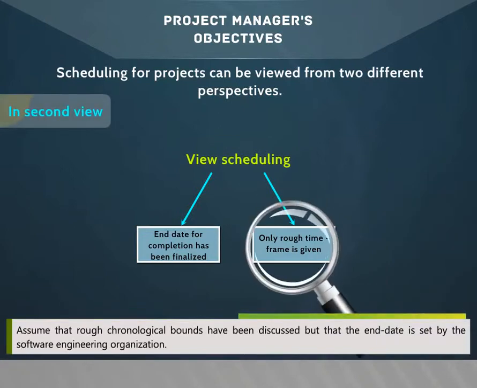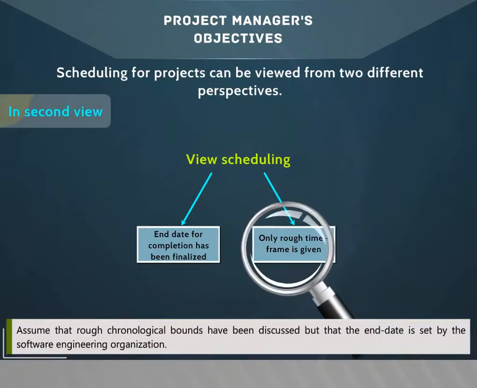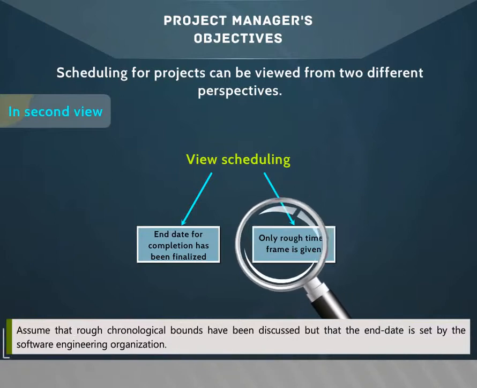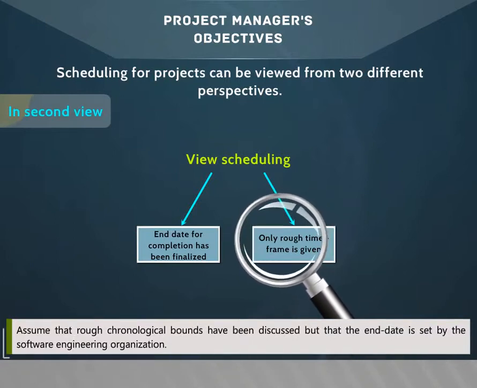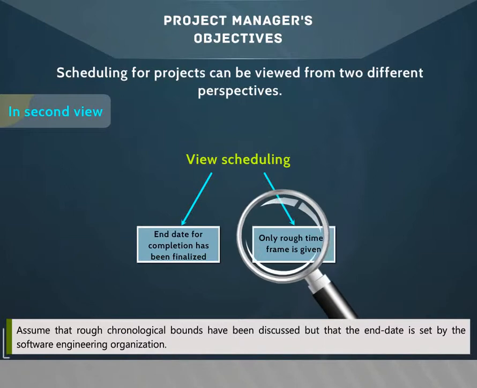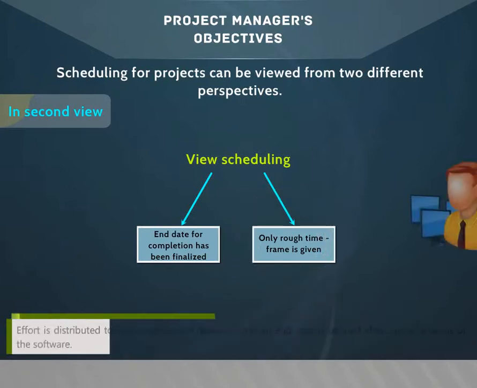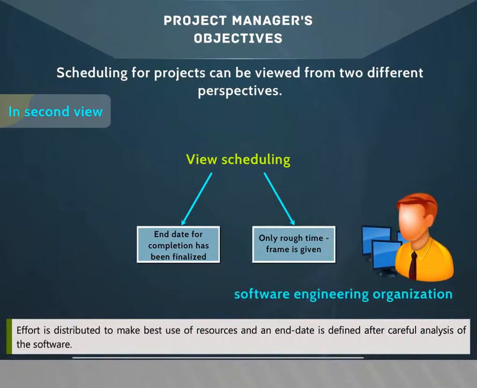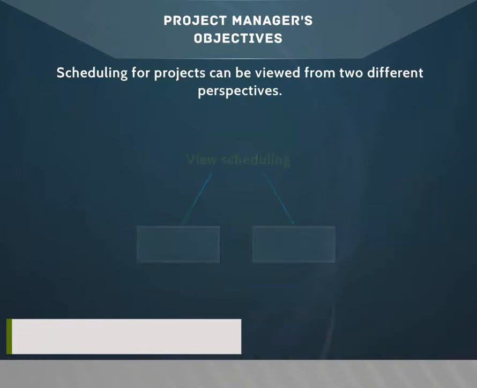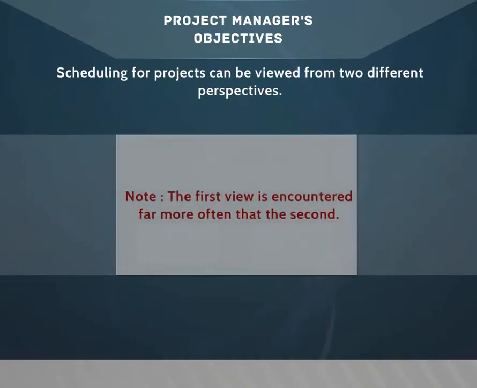In the second view, assume that rough chronological bounds have been discussed, but that the end date is set by the software engineering organization. Effort is distributed to make best use of resources, and an end date is defined after careful analysis of the software. The first view is encountered far more often than the second.